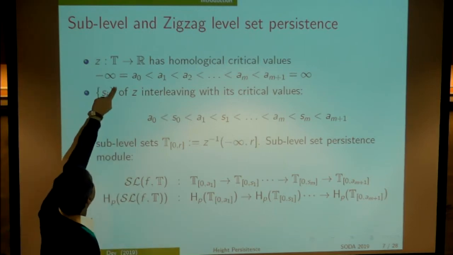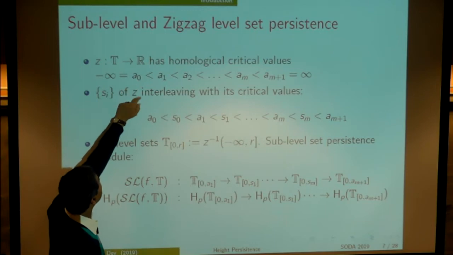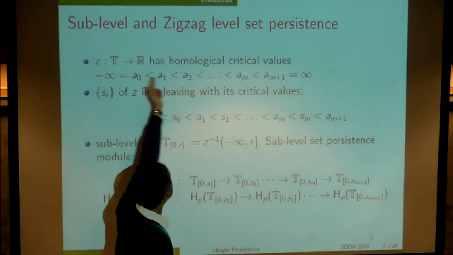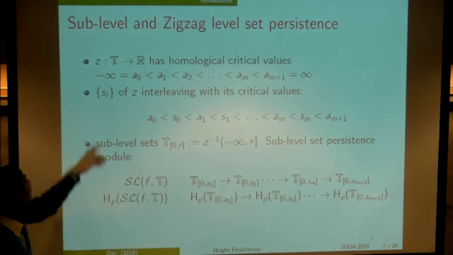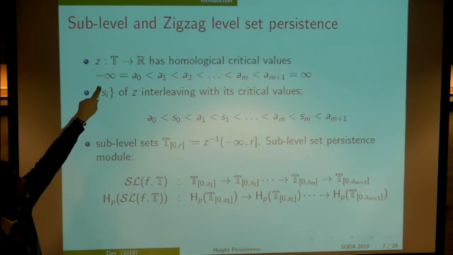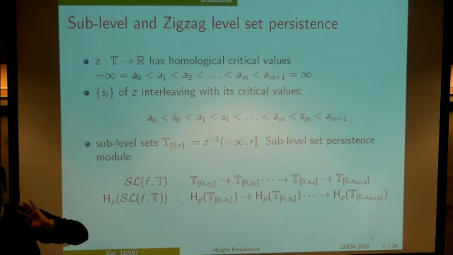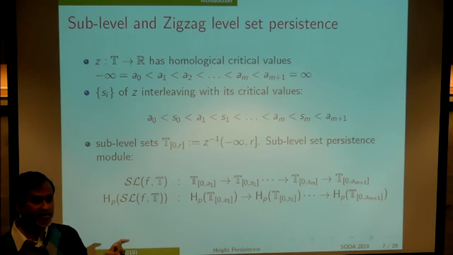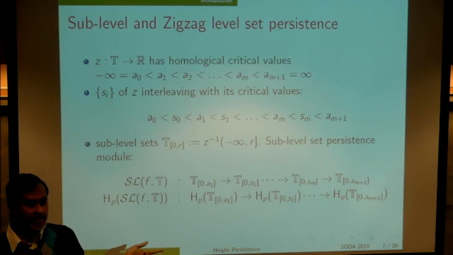Now, I assume that one has homological critical values a0, a1, a2, and so on. These are the sequence of critical values of the height function Z over the topological space T. Ultimately I'll take T as a simplicial 2-complex with Z defined on it, the Z coordinate at the vertices and linearly interpolating.